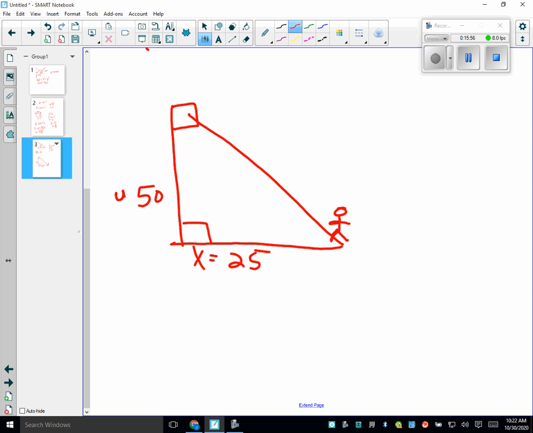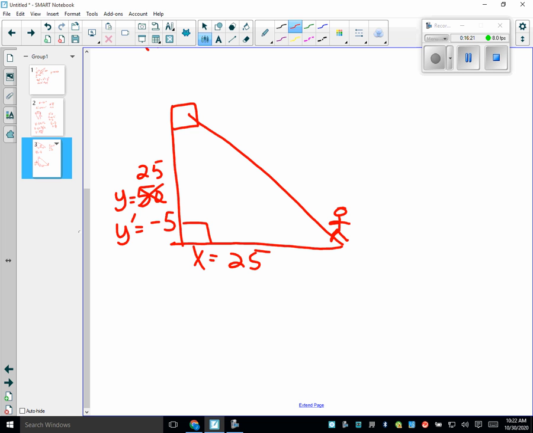If this is Y, is Y prime equal to -5? Yeah. Negative. It's lowering. Oh, wait a minute. I don't think Y is 50.